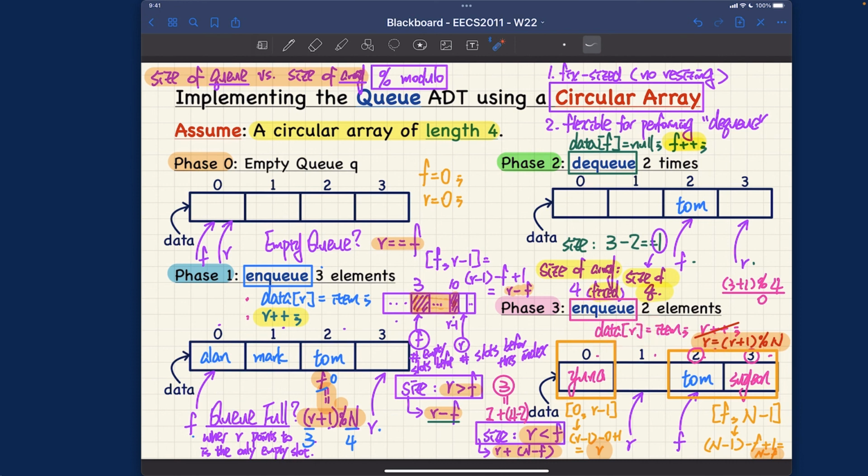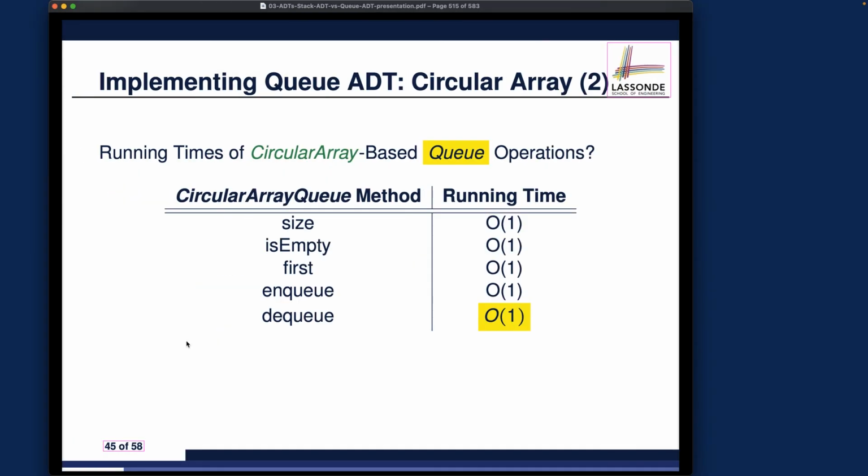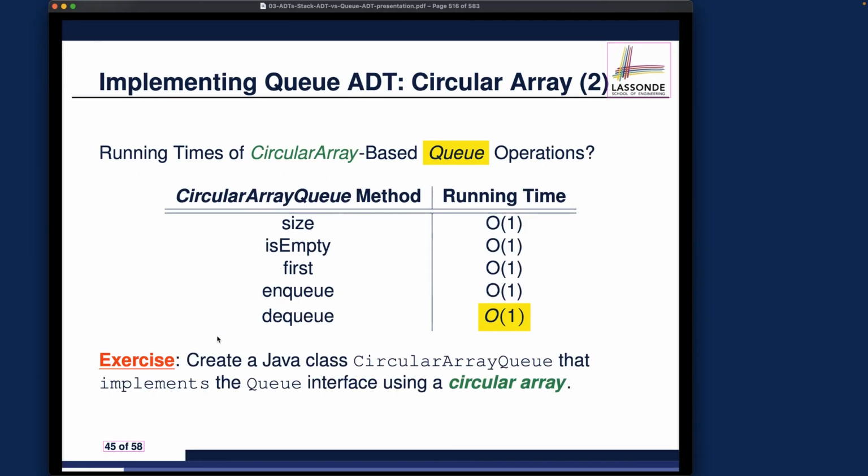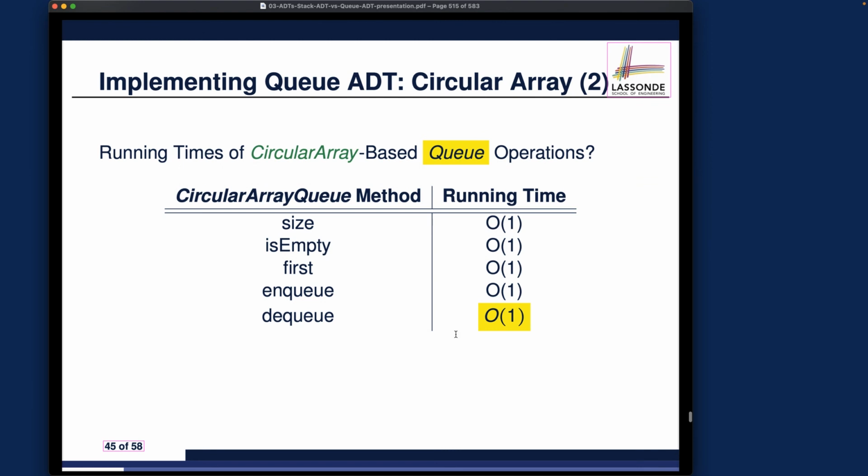Every operation is like that. So that's why in the case of the dequeue, we actually got constant time. It's a drastic improvement from the fixed size conventional array, in which case we have to shift using a loop, right? That's why we talk about the circular array.